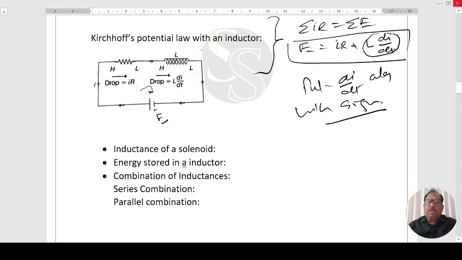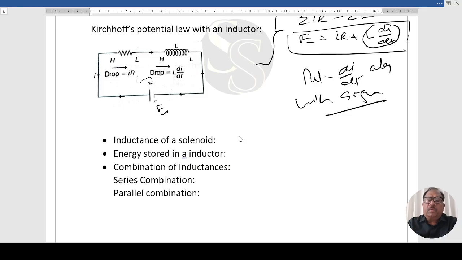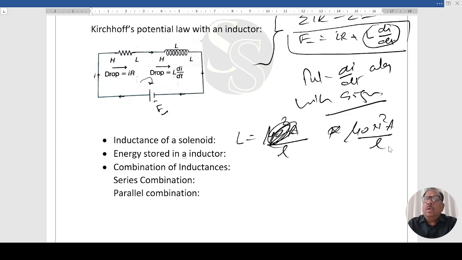Inductance of a solenoid, L equal to mu naught N square A upon l.